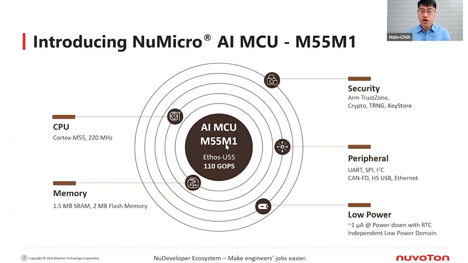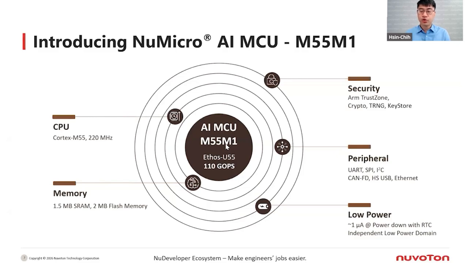so on. Like a traditional microcontroller, the M55M1 can operate at around 1 microamp in power-down mode, with an independent low-power domain and RTC support. Ideal for always-on AI applications. And also, security is built in at the hardware level, featuring TrustZone, a hardware crypto engine, and a true random number generator, plus secure key storage.